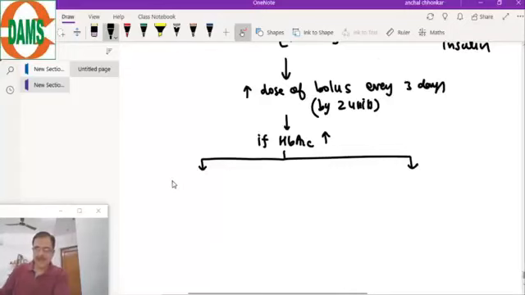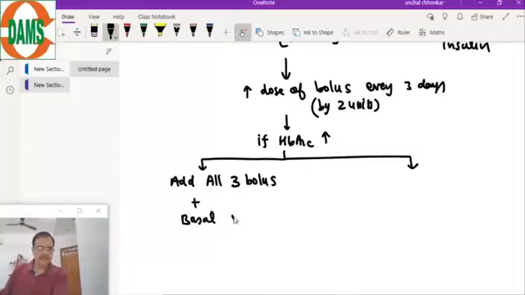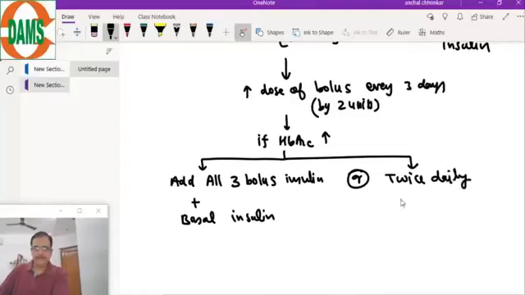Either add all 3 boluses along with basal insulin, or twice daily pre-mix insulin.